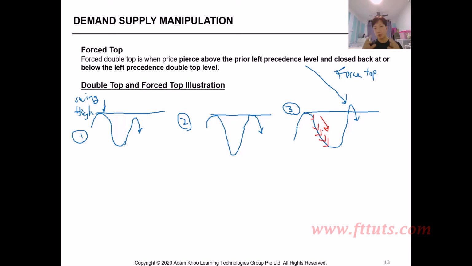For short sellers who short the chart when the price is coming down, where do you think they'll put their stop loss? Yes, they're going to put their stop loss somewhere above the swing high here, agree? And for those who put their stop loss, what kind of stop loss do you think that short traders will put? Short traders are going to put this stop loss called a buy stop orders.